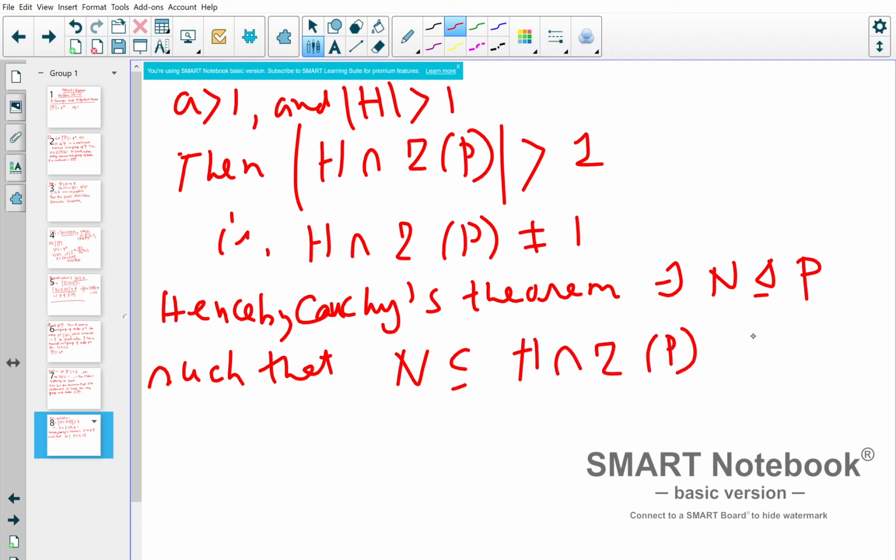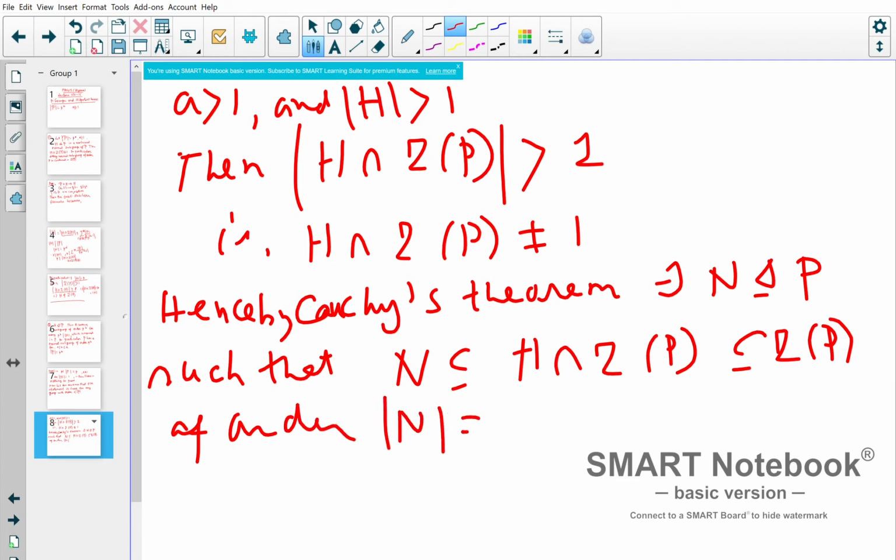So what does that mean? That means N is sitting inside the center. So this is a normal subgroup of the original group P, of order P, because P divides the order of H intersection Z(P). So you have an element of order P and then you take the cyclic subgroup generated by that element, that will be the N. Okay. So I have a normal subgroup of order P, so I can go modulo. You remember the proof of Sylow's theorem? Similar thing, right?